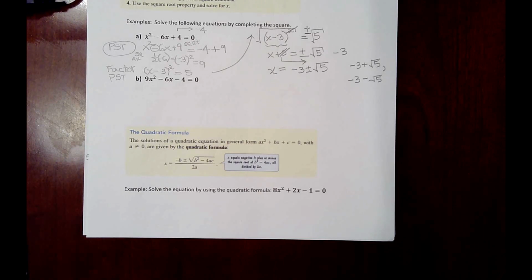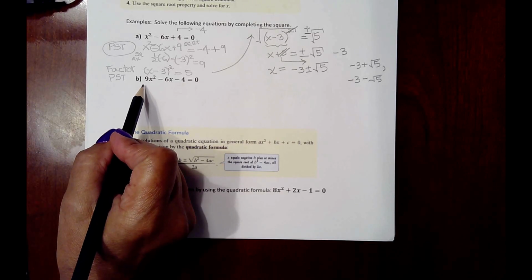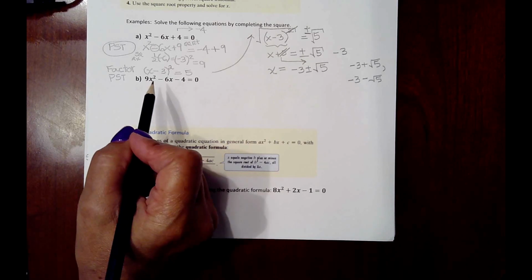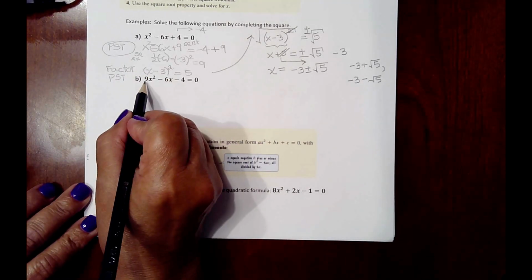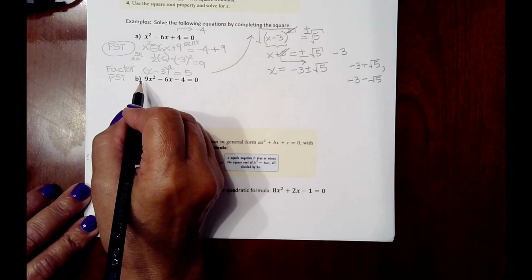Now, again, just getting you ready. This one has more steps because you are not allowed to complete the square until you have a nice clean coefficient of 1, not a 9.